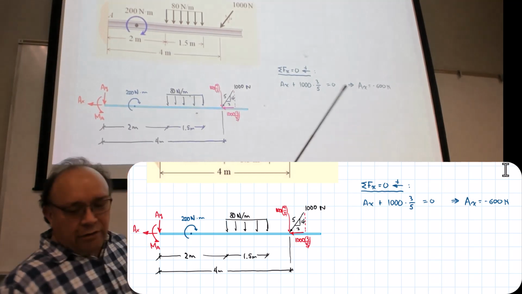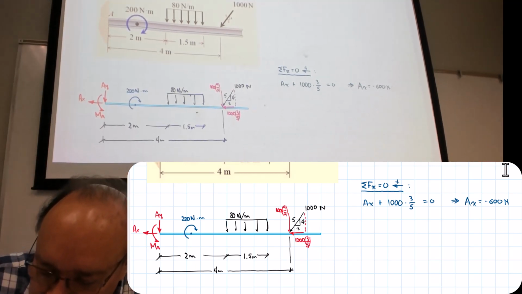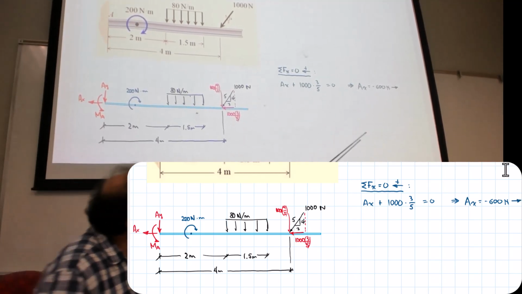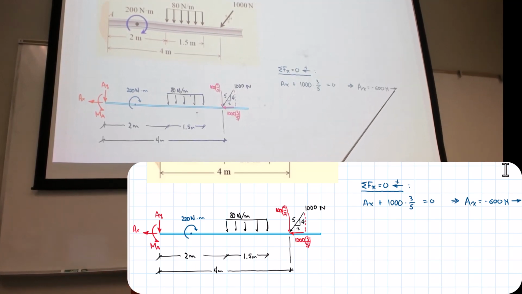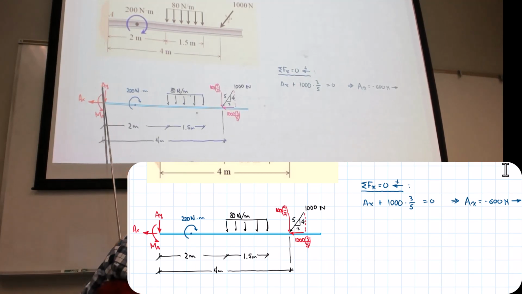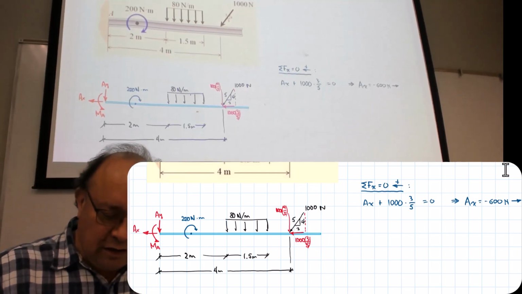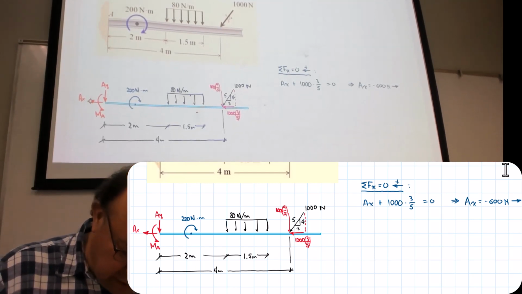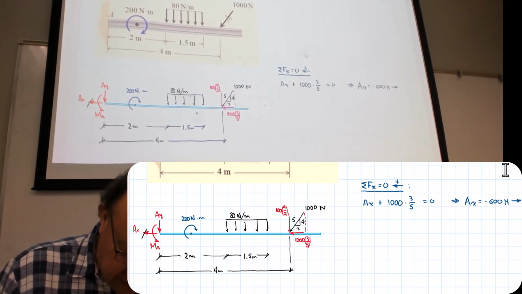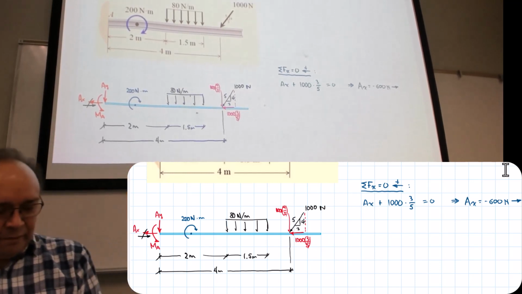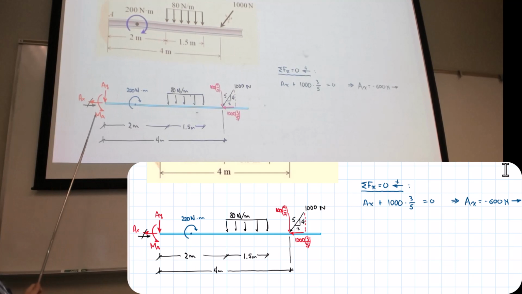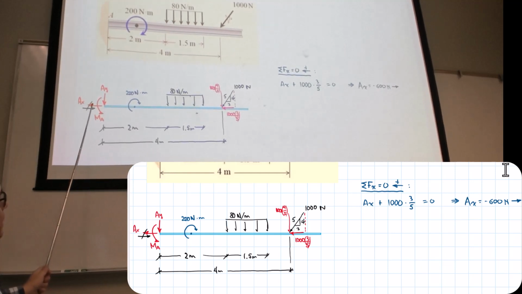So you can put a little note right here, this is to the right. You put this arrow that comes from the fact that this is negative, telling you that this force is to the right. If you want, you can correct it here, but it's not really necessary. Nobody's gonna kill you. You can put like, no, it's not like this, it's like this. But never erase the original.